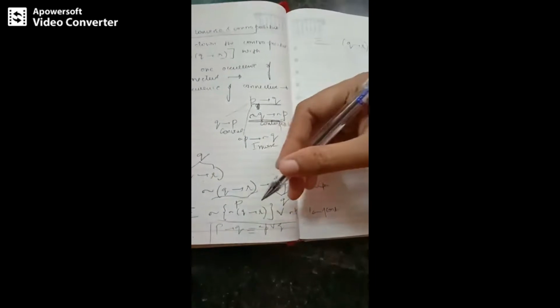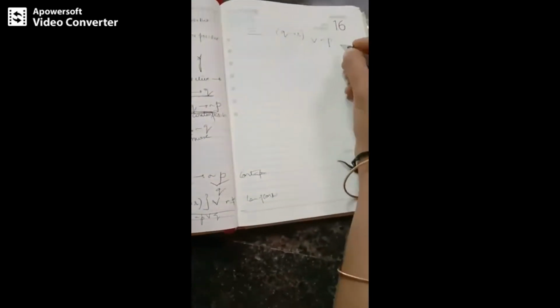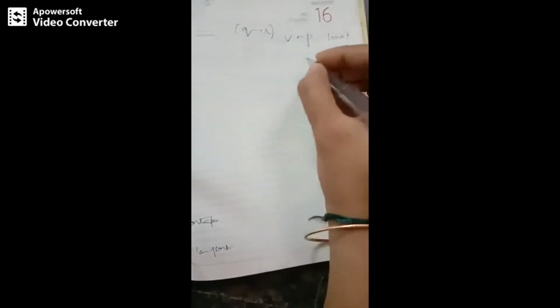We have the law of double negation, it's equivalent to the same proposition. So we are arriving at this particular line after solving this connective of double negation. So let me say this is a law of double negation.